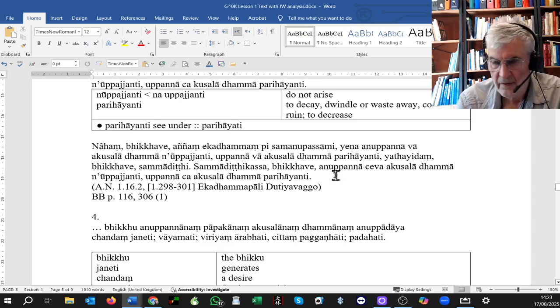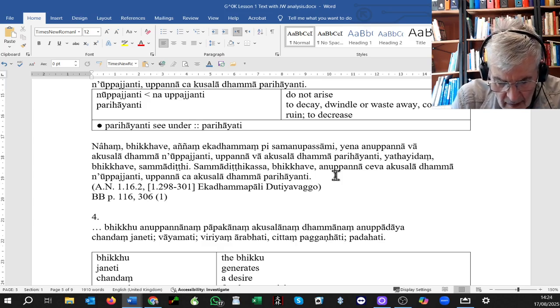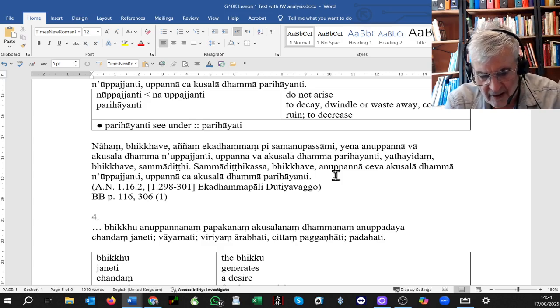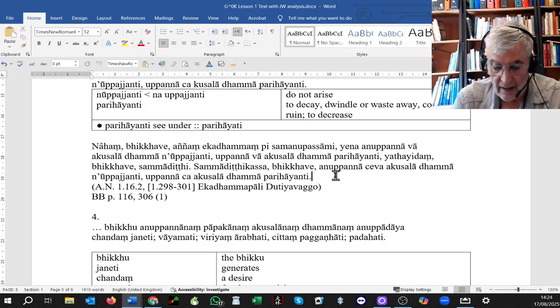And finally, in this reading 3, the last paragraph. Naham bhikkhave anyang ekadhammampi samanupassami yena anupannava akusala dhamma nupajjanti uppannava akusala dhamma parihayanti yathayedam bhikkhave sammaditthi. Sammaditthikassa bhikkhave anupanna cheva akusala dhamma nupajjanti uppanna cha akusala dhamma parihayanti.